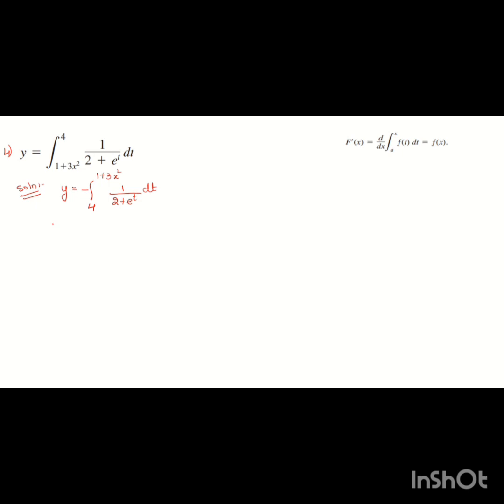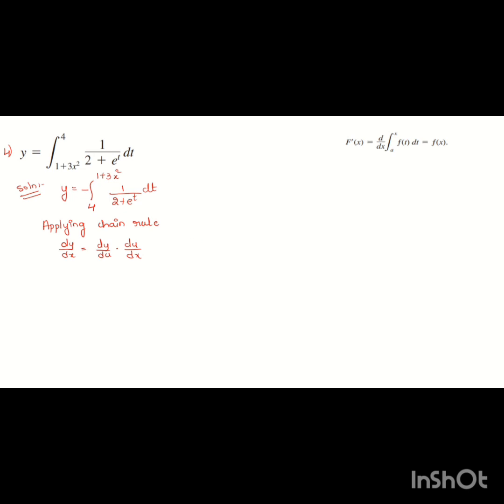Now since we are going to find the derivative, we are going to differentiate this. Again, since we have some other value instead of x, this is supposed to be taken as u. So we'll be applying the chain rule. dy/dx equals dy/du times du/dx.